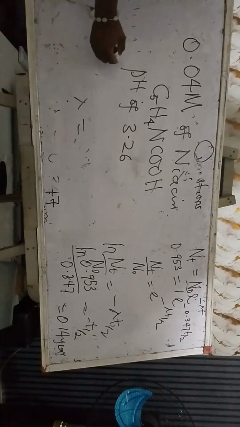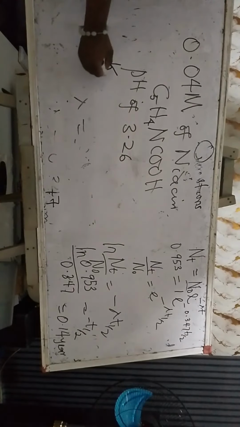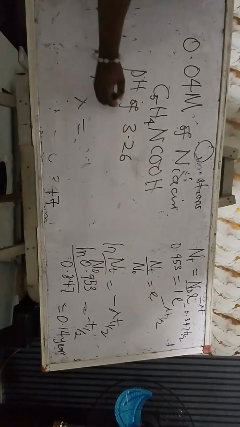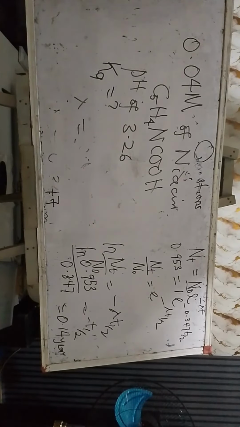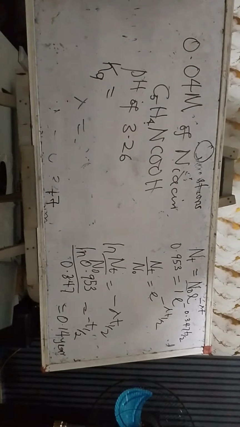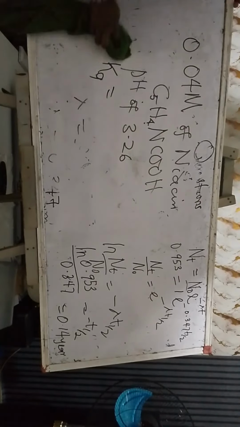They now said we should calculate the acid dissociation constant. The symbol for acid dissociation constant is Ka, which means that you will need to put this into an equation to get the product over reactant when it dissociates. So that is the first step.